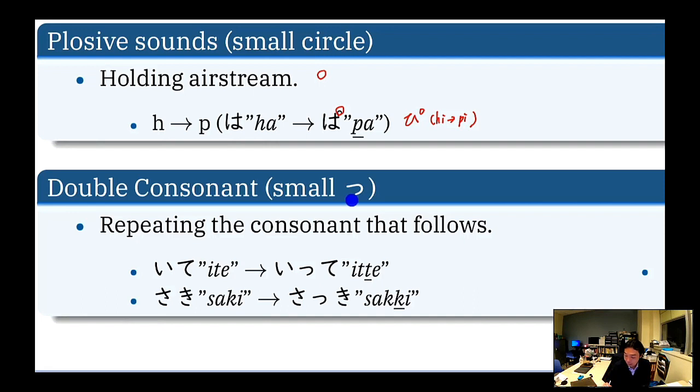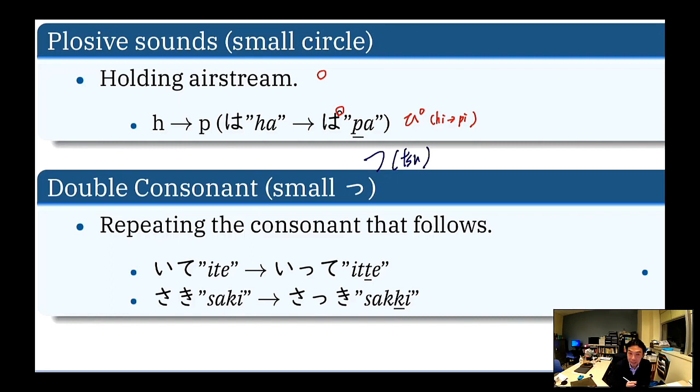The first one is a small tsu. Okay, so this is different from this. It's pronounced tsu. How is it different? It's smaller. Its size is smaller, usually a quarter of the size. If you write the quarter size of tsu, it's no longer pronounced as tsu.